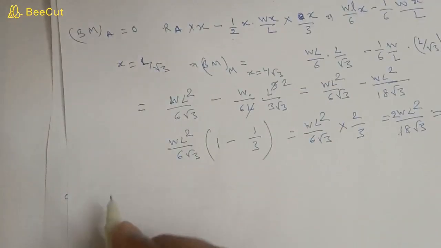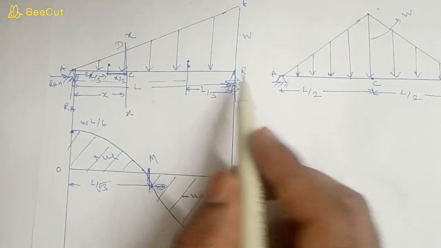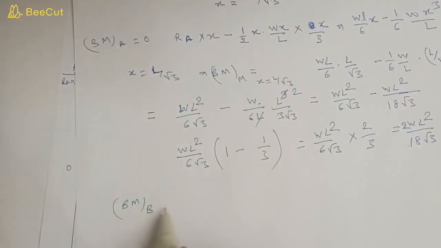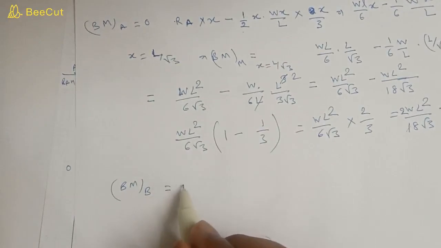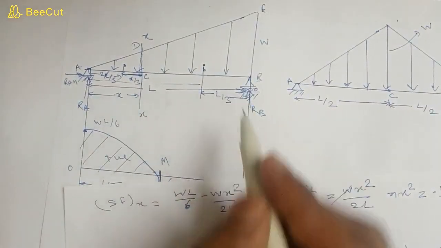Now we will calculate bending moment at B. Bending moment at B is equal to, bending moment at x equal to L, because this is x, it will become L here.